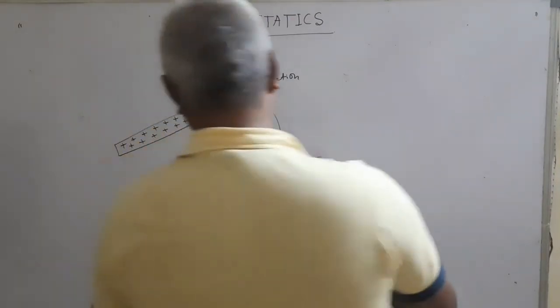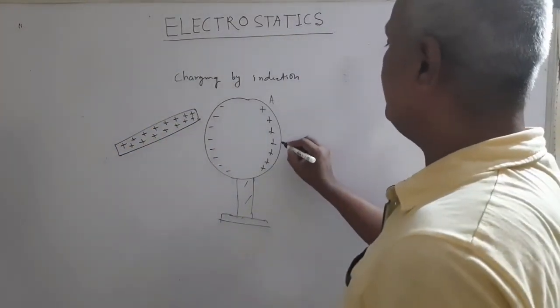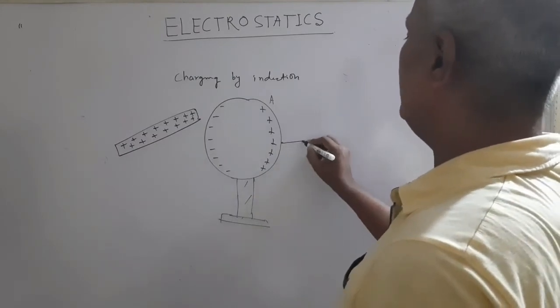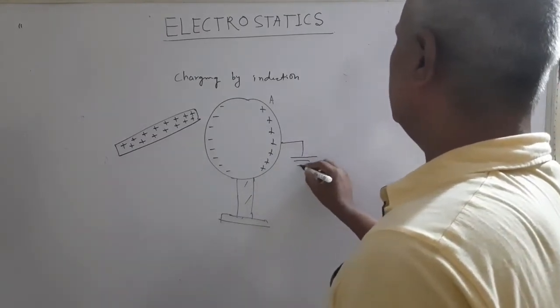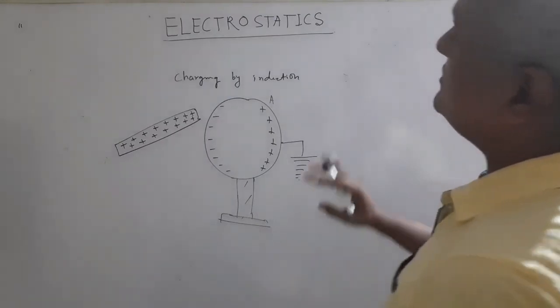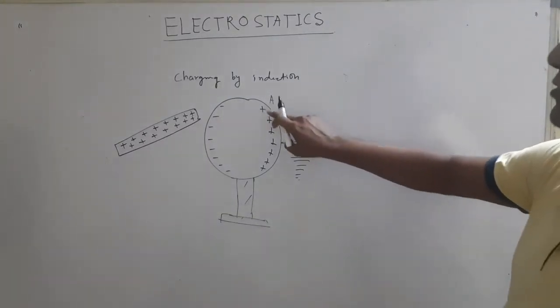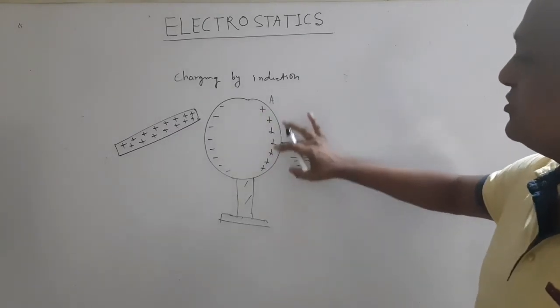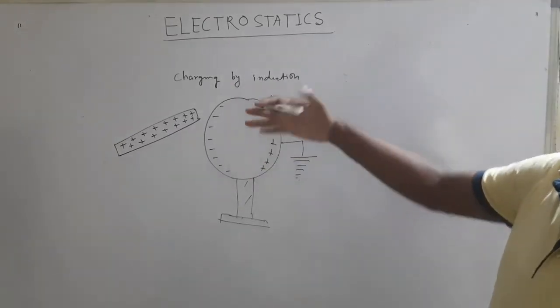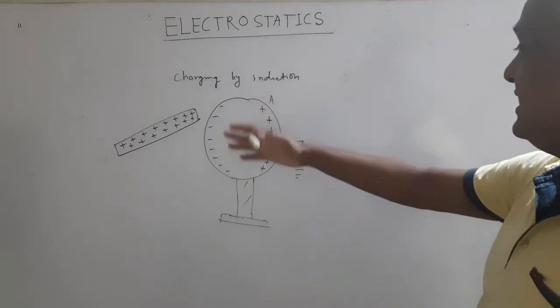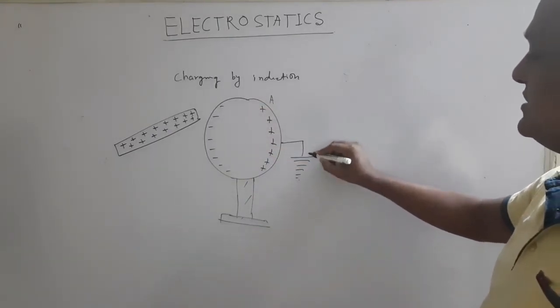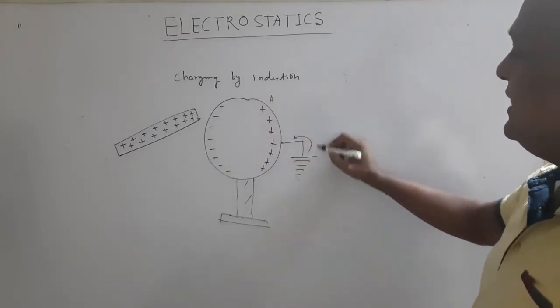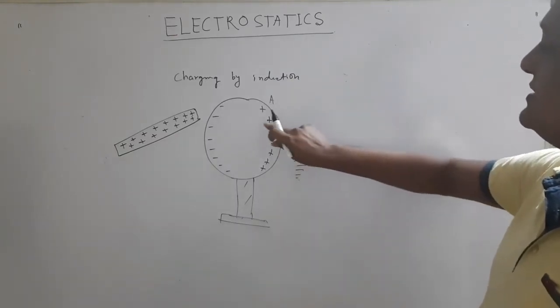Now assume I connect this end of the body with the ground. Logically, the positive side of the body has a deficiency of electrons, so electrons will come from the ground and neutralize it.